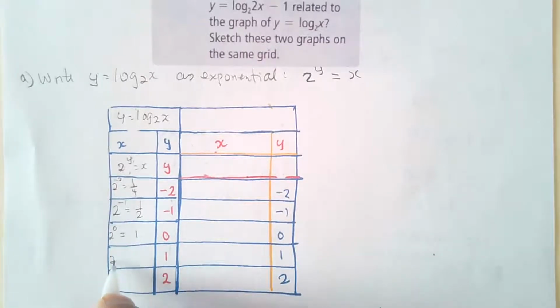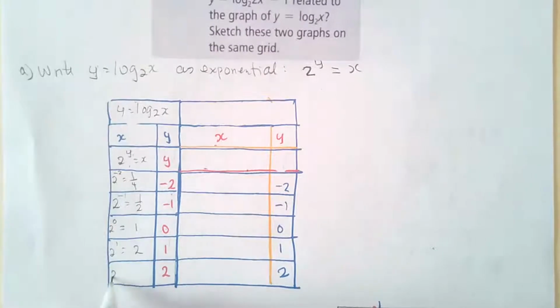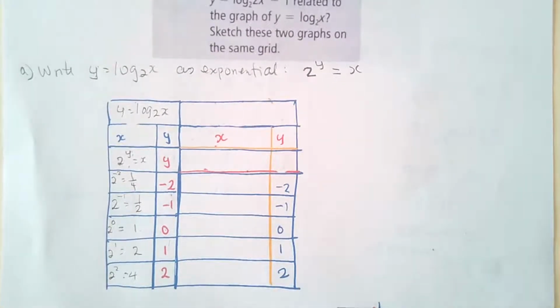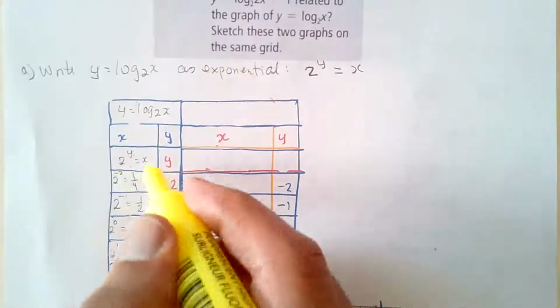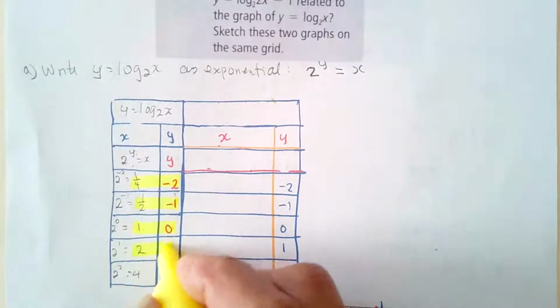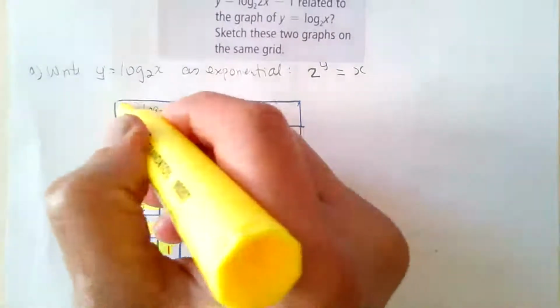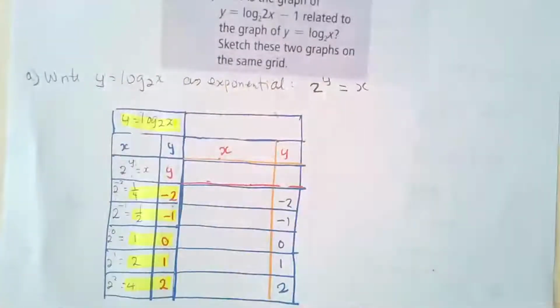Then 2 to the power 1 is equal to 2. 2 to the power 2 is 4. So now we have our x and y coordinates, our table of values for y equal to log base 2 of x. Now let's sketch that graph.